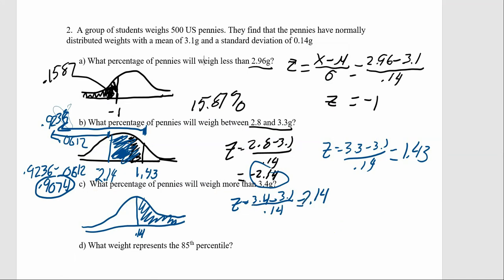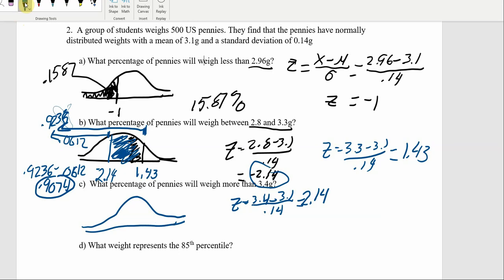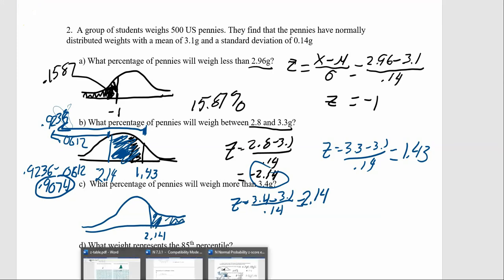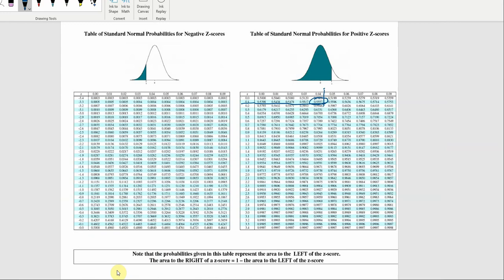So this is 2.14. Basically, I could redo this and make it look a little better. 2.14 will be up here a little further, and I want to be greater than 2.14. So let's go back to the chart and find the actual 2.14.